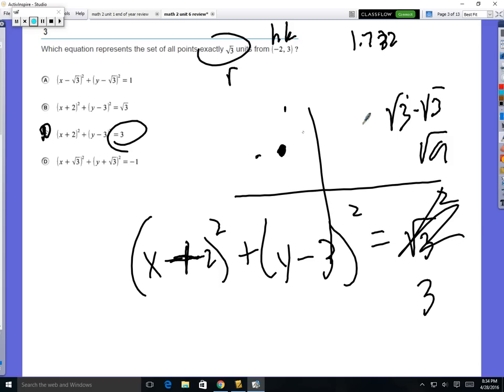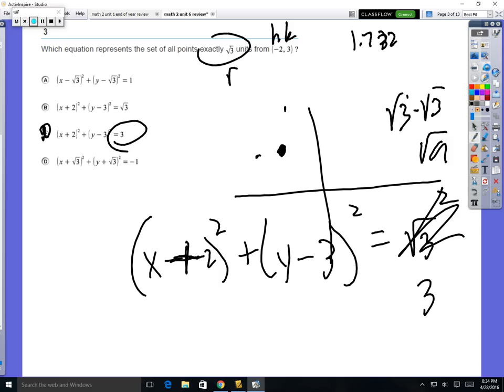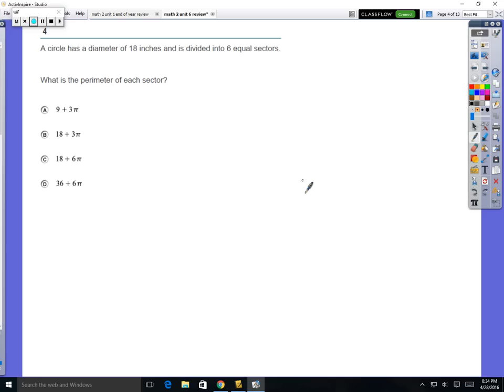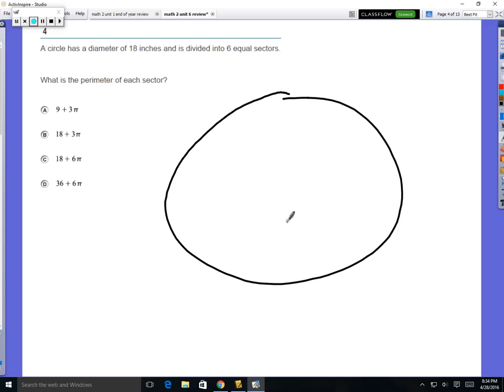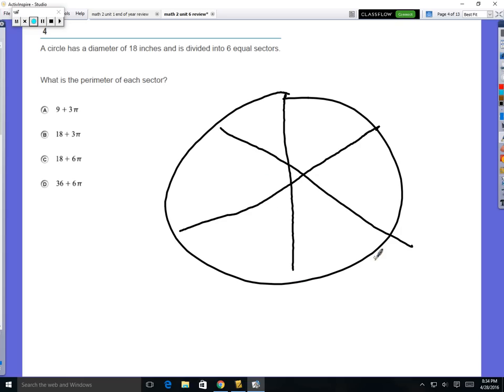So C looks good. Number 4, a circle's got a diameter of 18 inches, it's divided into 6 equal sectors. So circle, 6 equal sectors. What does that look like? Something like this, kinda.